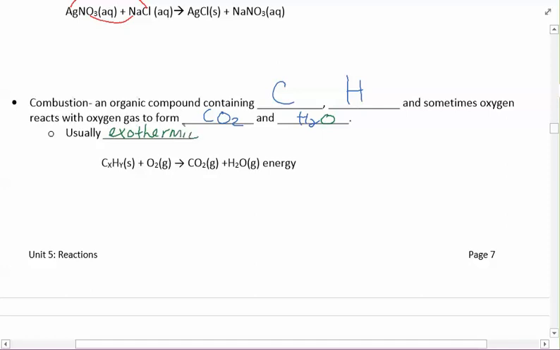Combustion reactions happen all around us. If you have a car that uses gasoline or diesel, it uses a combustion reaction. So I have CxHy just to indicate this could be any organic substance. It could be gasoline, some sort of oil, or any sort of organic substance reacting with oxygen to produce carbon dioxide and water.